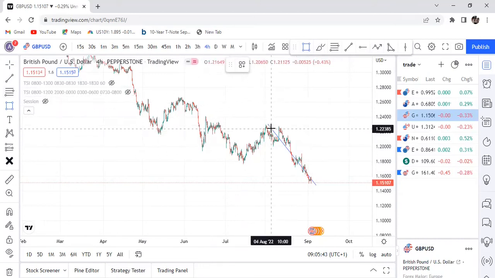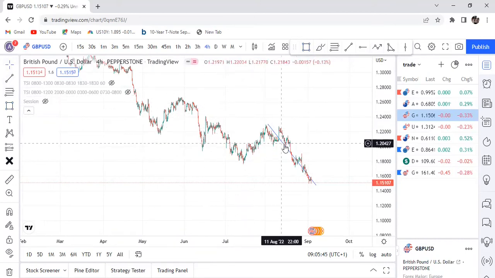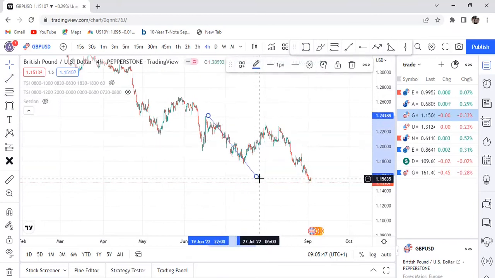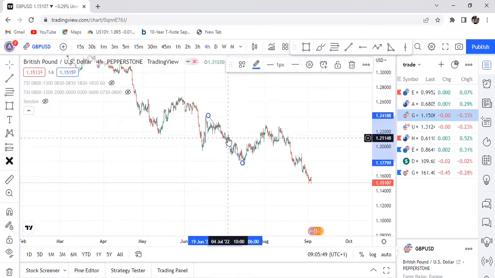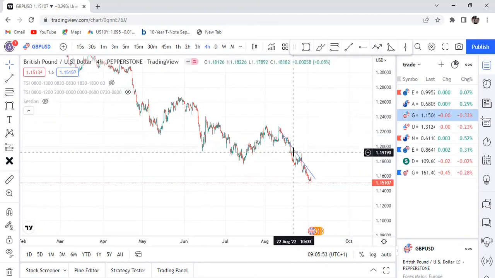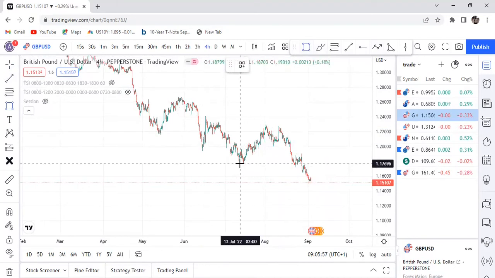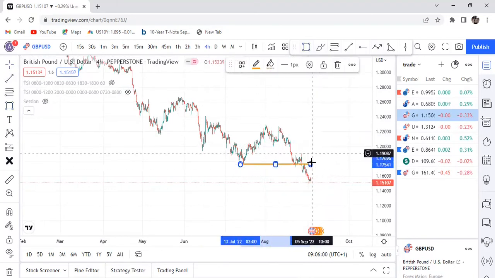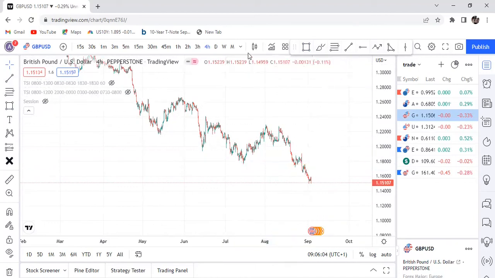That's one way of using it, or you can probably use this. The main point of this one is that this guy here has taken out this low. So it has taken out this low. So it's time for it to retrace or reverse, either way there's a V.